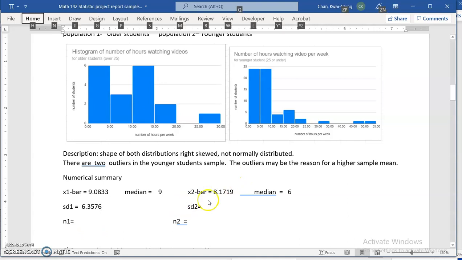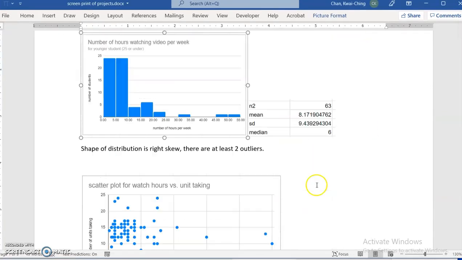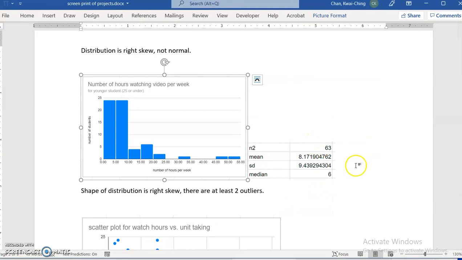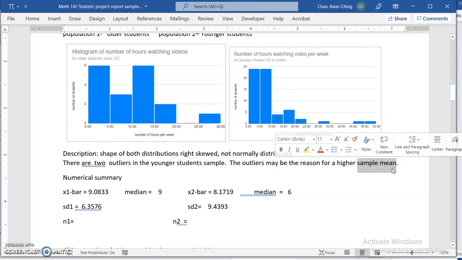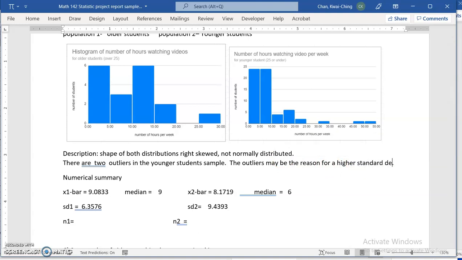As standard deviation 2, this is 9.4393. So actually, it may be the reason for the higher, not higher sample mean. Actually, the sample mean is not higher, but higher standard deviation, right?